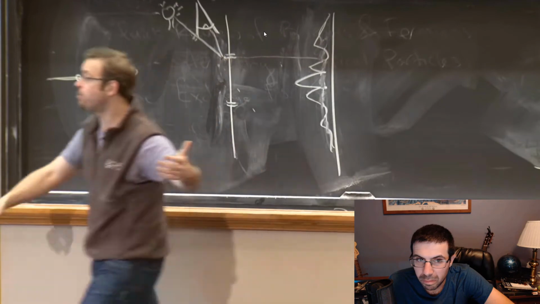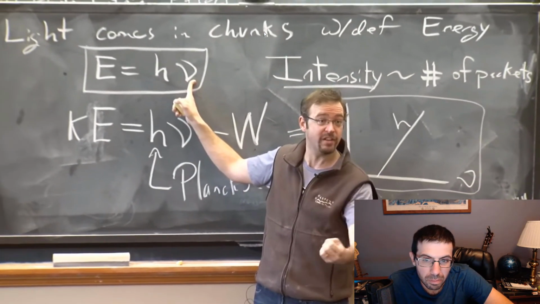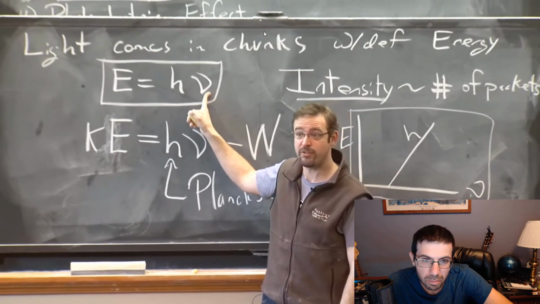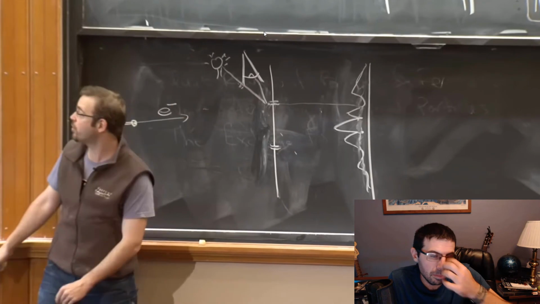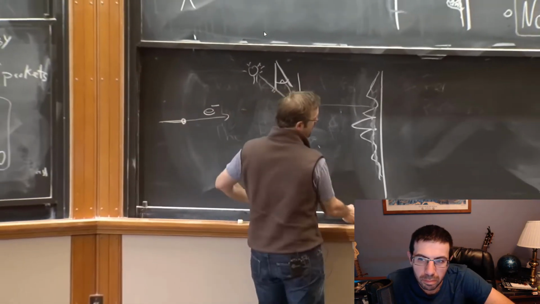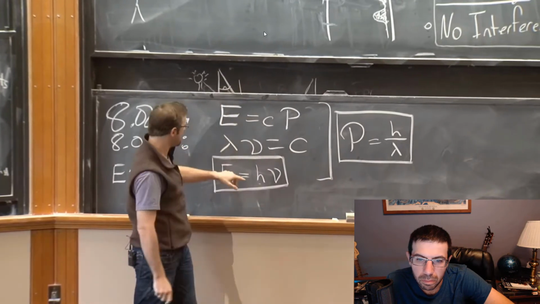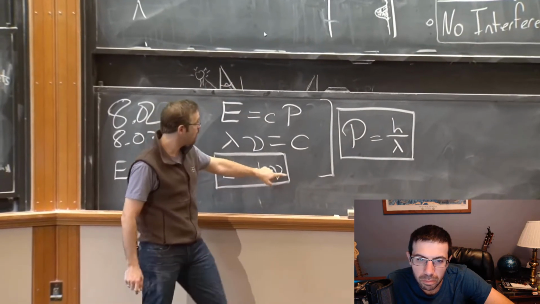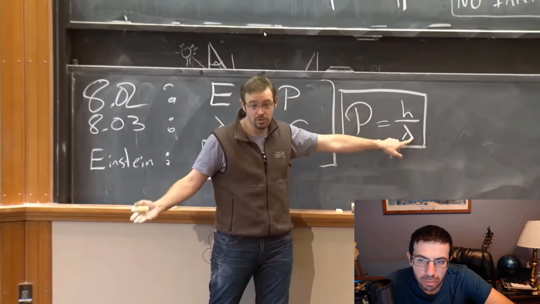Right? The thing that controls the energy imparted by a collision of the light with the electron is the frequency. The energy in a chunk of light is proportional to the frequency. So now if I want to make the effect, the energy, or the momentum, similarly, the momentum, where did it go? Remember, the momentum goes like h over lambda. If I want to make the energy really low, I need to make the frequency really low. Or if I want to make the momentum really low, I need to make the wavelength what?